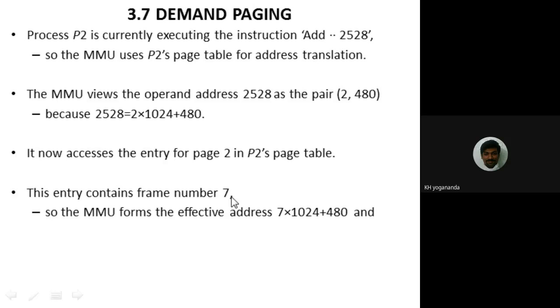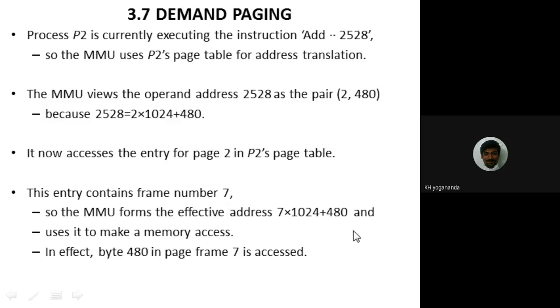We replace page 2 with its page frame number 7, so the effective address will be 7 into 1024 plus 480. This is how we calculate the effective address. Now we are able to access the memory easily.